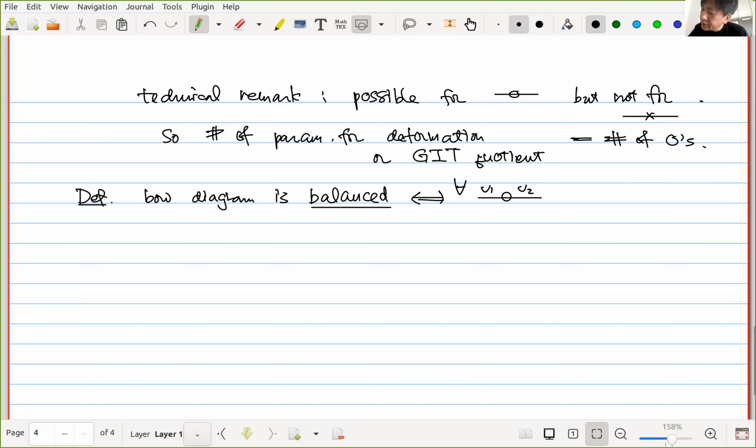For any circle, V1 is equal to V2. So this is the balanced condition. And similarly, I exchange the circles and crosses. So this is the balanced and cobalanced condition.